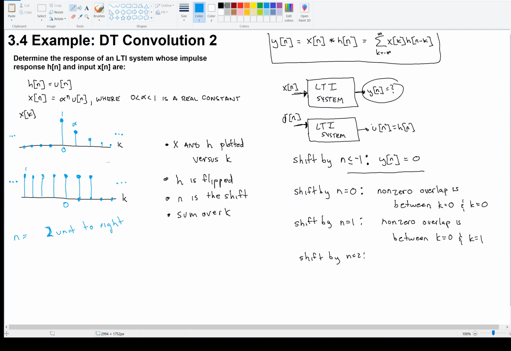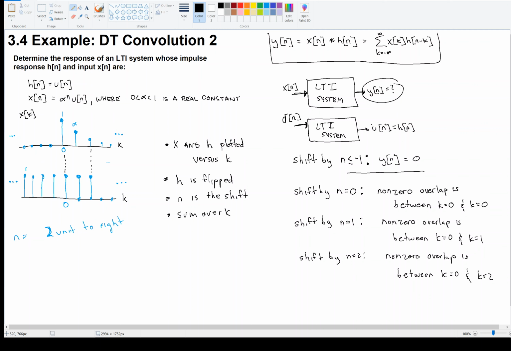And shifting by 2 units, the region of non-zero overlap is between k equals 0 and k equals 2, right? Because my non-zero overlap is here to here.